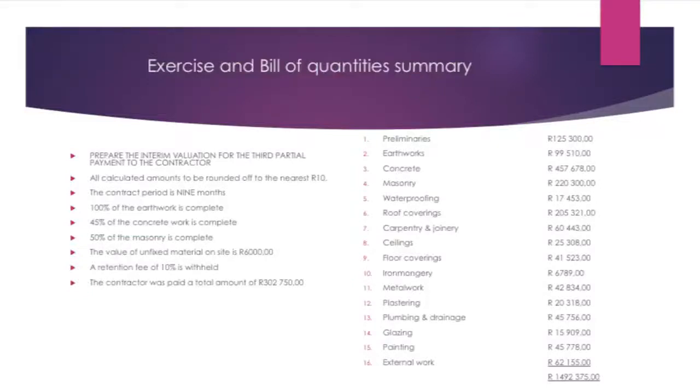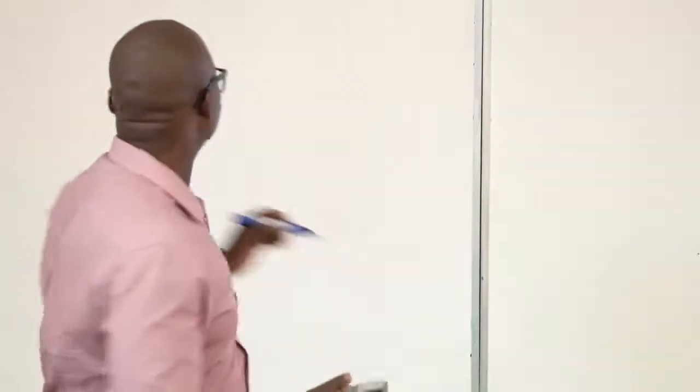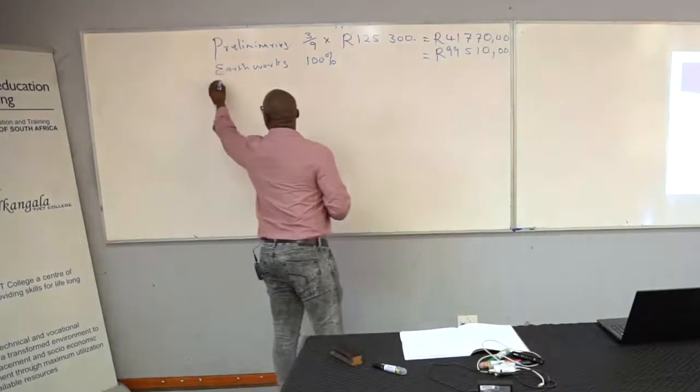Okay, now we are moving to the next one, which is the concrete. The concrete is only 45% work that has been completed. So we'll just have to work out the concrete as well.